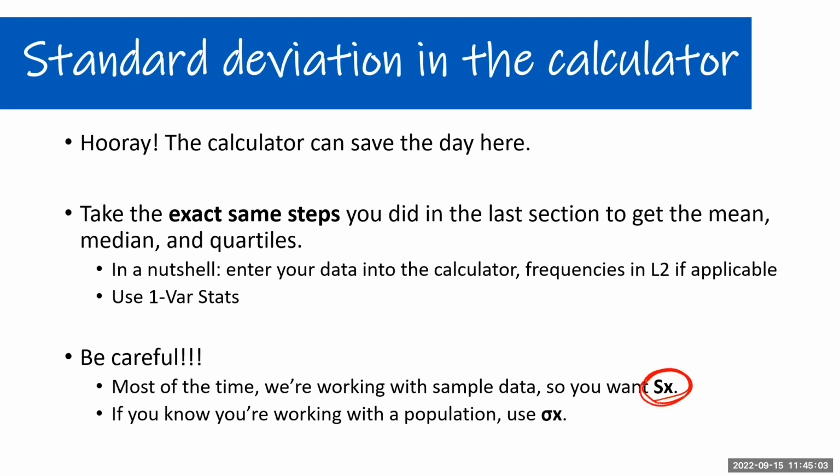This is going to be most common. So if I give you sample data and I ask you what the standard deviation is, then this is what you're going to be looking for. But if you know you're working with a population, it's rare that we have everybody in the population, but if we do, you want to get that sigma x. Remember that the formula slightly differs. We divide by n instead of n minus 1.